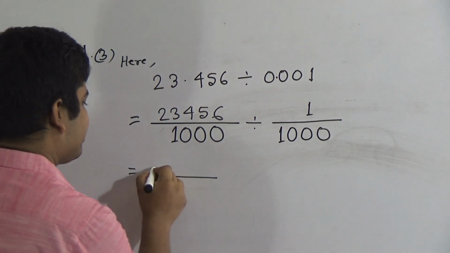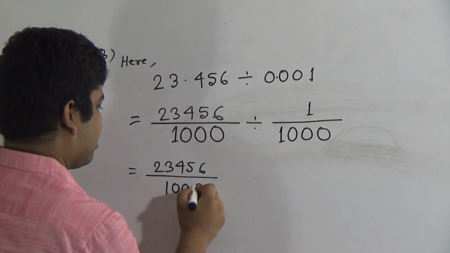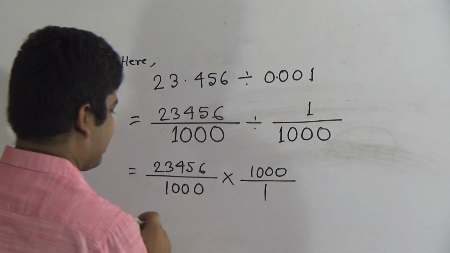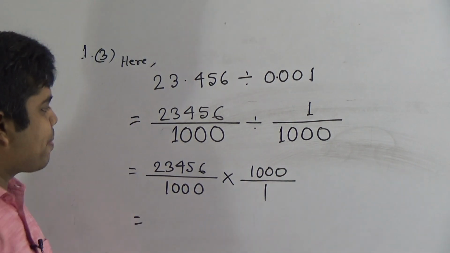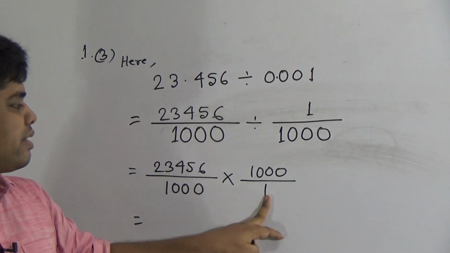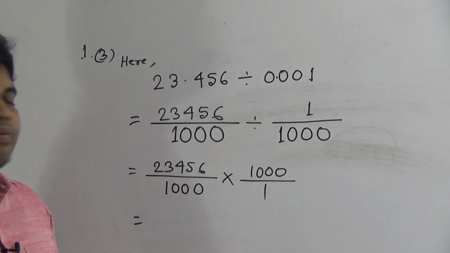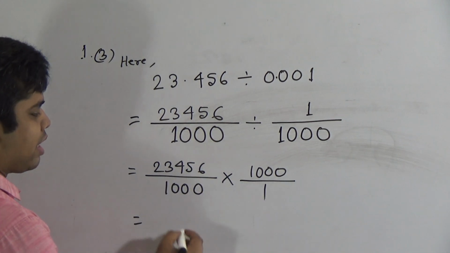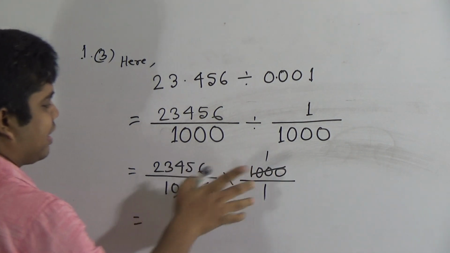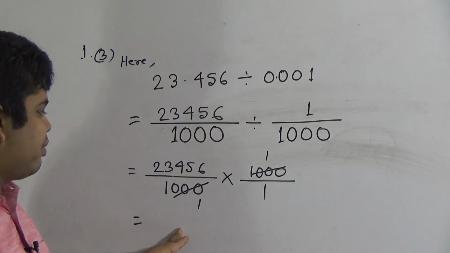Now 23456 by 1000 divided by 1 by 1000, and we get, notice why this is. We know that division of one fraction by another fraction is the multiplication of the first fraction with the reverse of the second fraction. That means now we cut 1000 by 1000 and we get 1 by 1. Then as a numerator there are 23,456 and denominator 1 and 1.